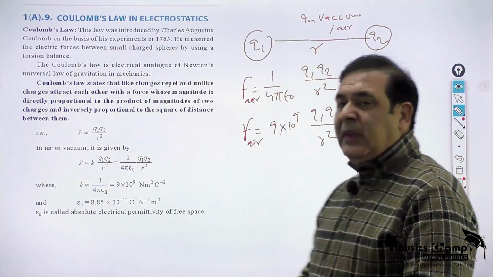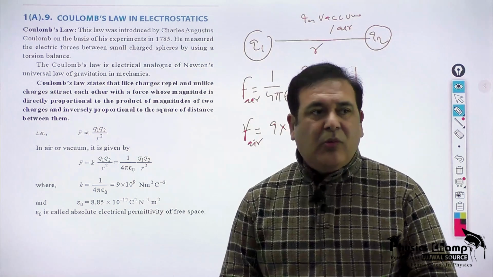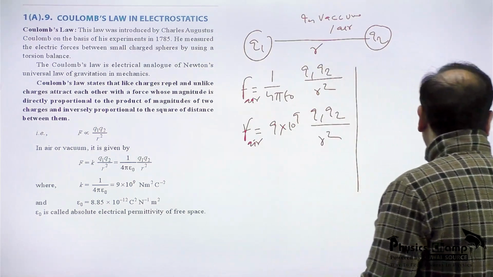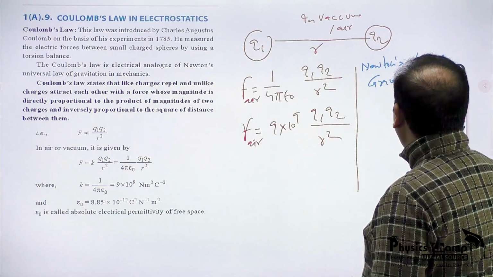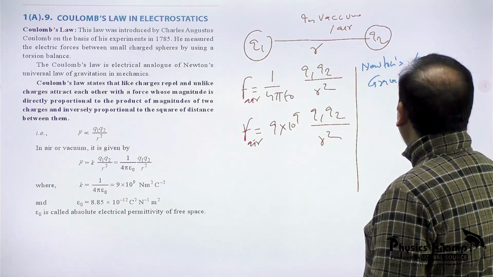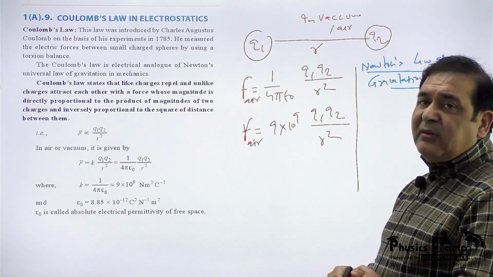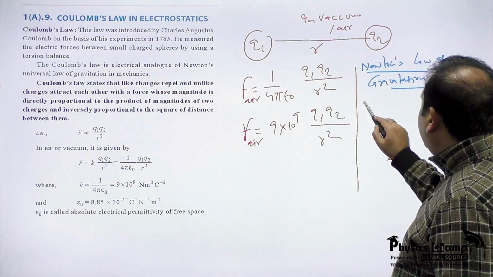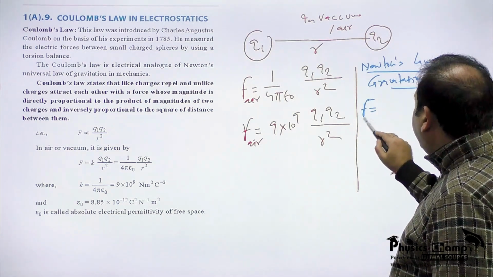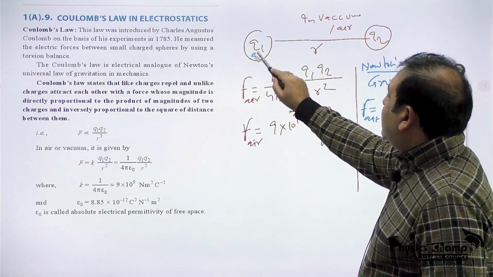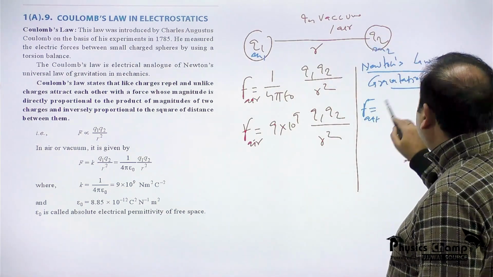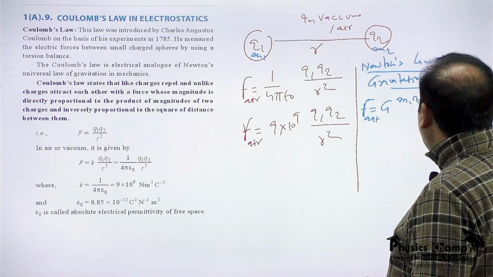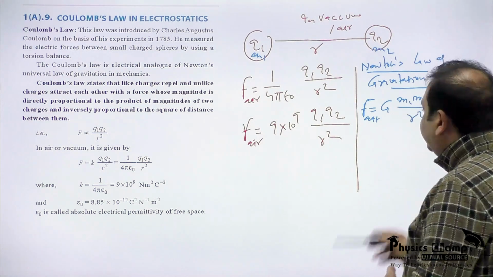Now, if I compare this Coulomb's law with Newton's law of gravitation, we can find there is a similarity. Newton's law of gravitation says the force of attraction between two masses kept r distance apart is G m1 m2 by r square.